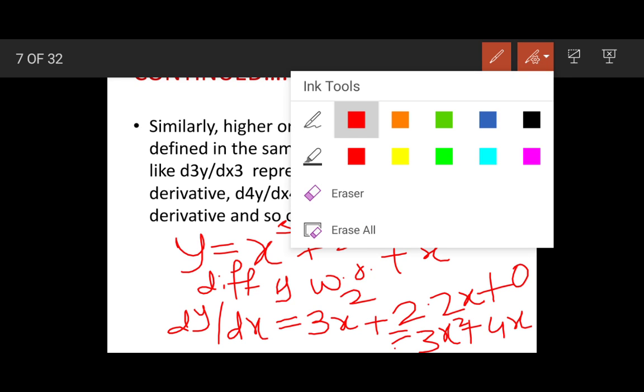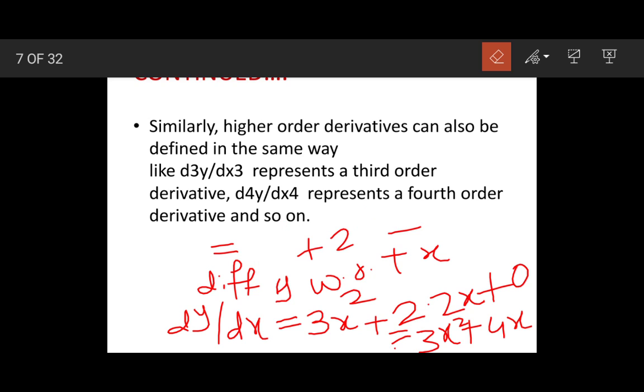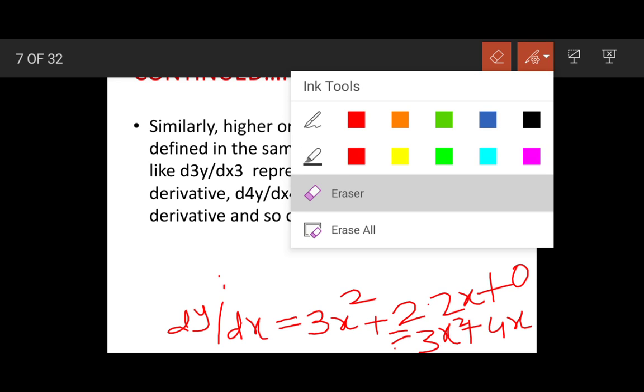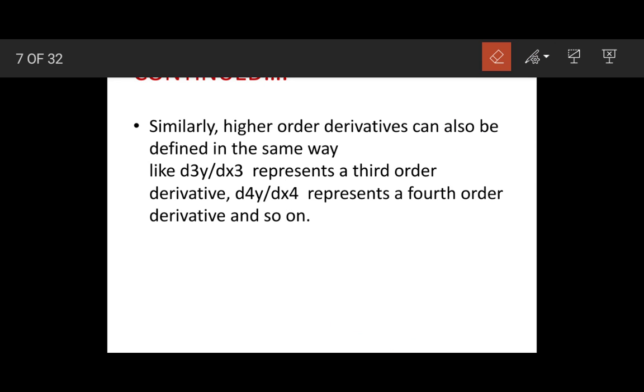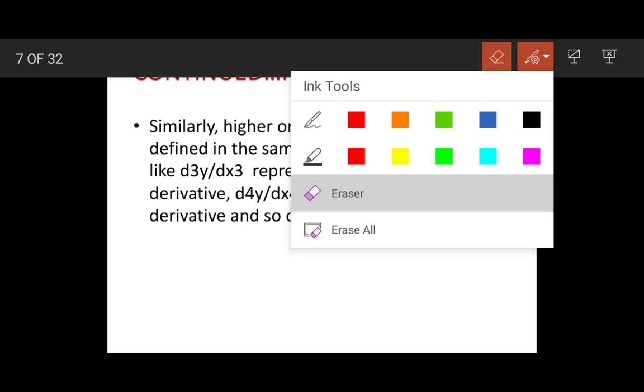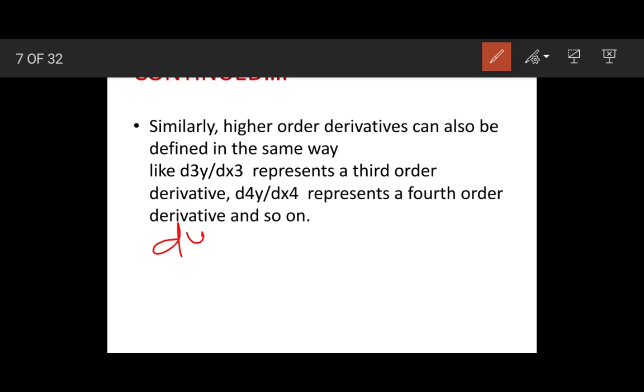Now let me clear this. So now this is the derivative. Derivative is dy upon dx, that is equal to 3x square plus 4x.